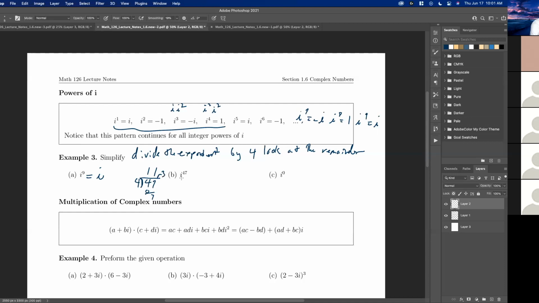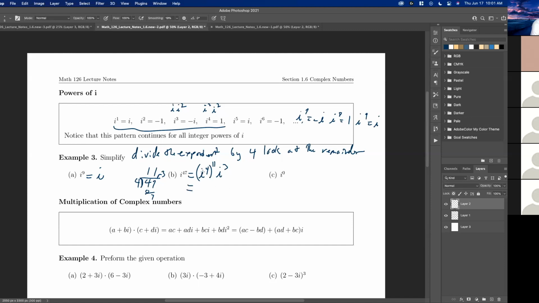So 47 divided by 4 is 11, remainder 3. Let me rewrite this. I can write this as i to the 4th to the 11th power times i to the 3rd. Does this equal the same as this? Well, 4 times 11 is 44, plus 3 is 47. So these are equivalent.